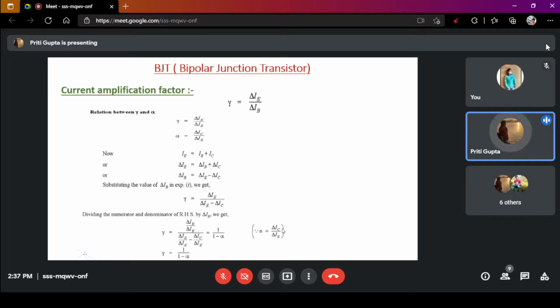Now at first write down current amplification factor and then write down the theory part.